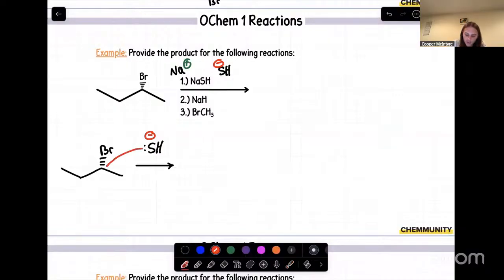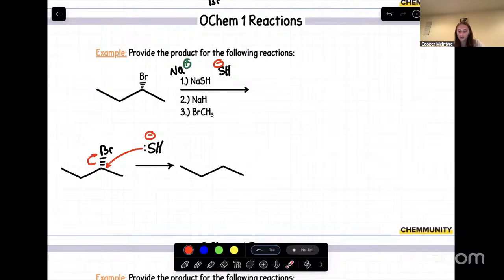Our sulfur will attack that carbon that's bonded to the bromine, and then we'll kick out our leaving group. And then we'll showcase what this looks like. And keep in mind, in terms of SN2 reactions, one of the major things we have to be aware of is that when they undergo backside attack, it will have inversion of configuration.